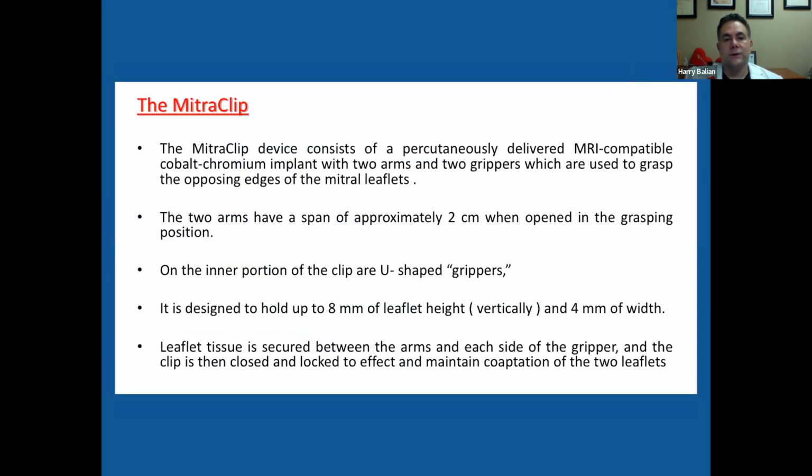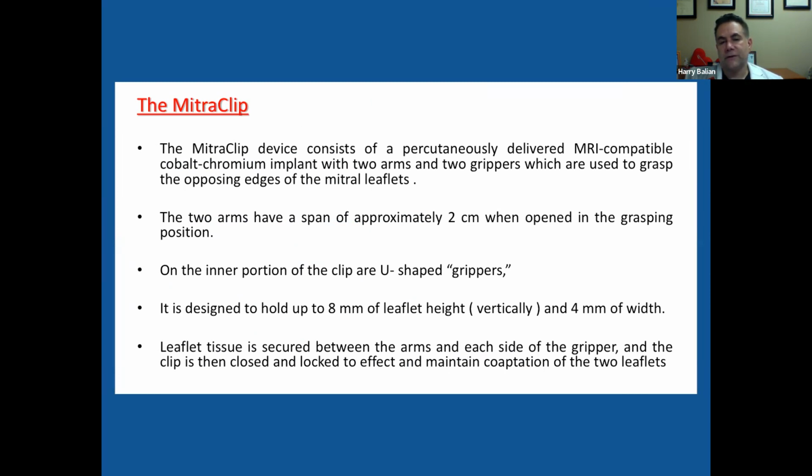So the mitral clip consists of a percutaneously delivered MRI compatible cobalt chromium implant, with 2 arms, and on the inner portion of the clip are U-shaped grippers. It's almost like a sandwich. You deliver this kind of an airplane device. The wings are not fully open.